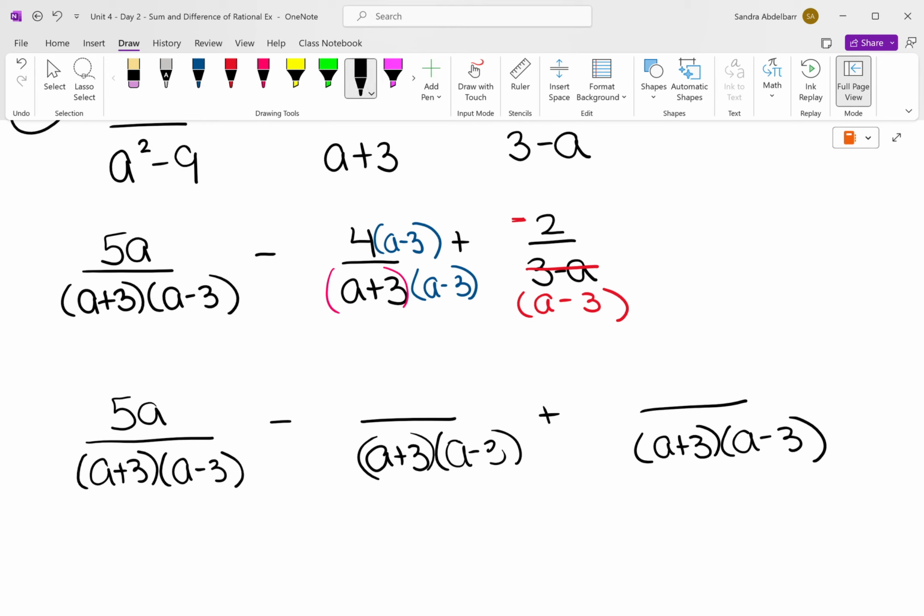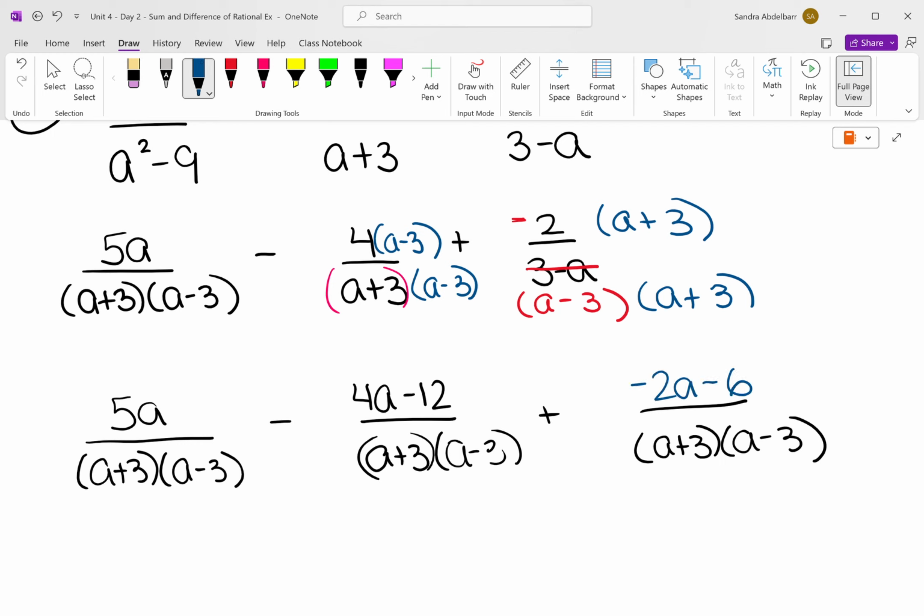Are you all okay if I distribute in right away? So this is going to be a 4a minus 12. And in the last fraction, I have an a minus 3, and I need an a plus 3. And once again, I'm going to distribute in right away.